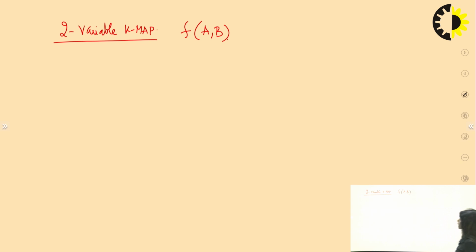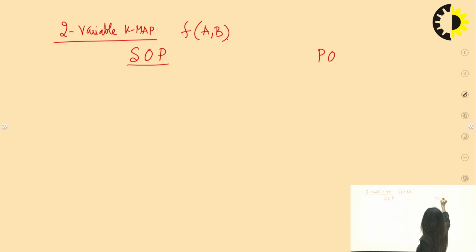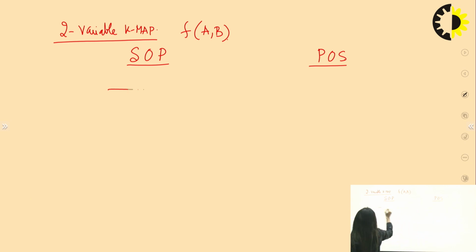And we want to make the graph of the 2 variable K-map. For SOP, and I will also make one for POS. Okay, so SOP and POS. Both graphs I will make. You can draw this graph with me.